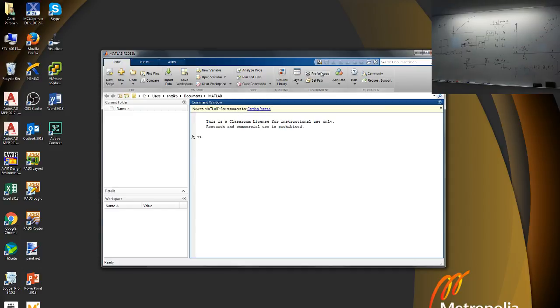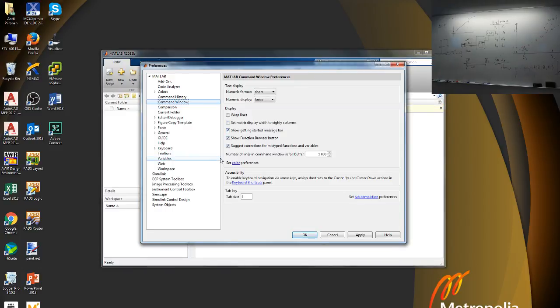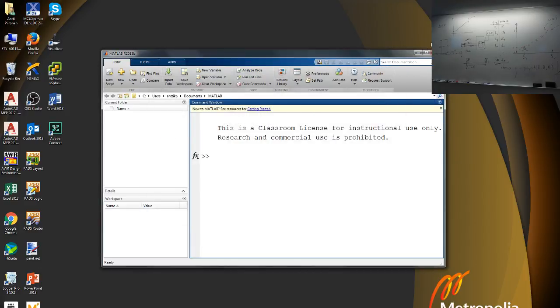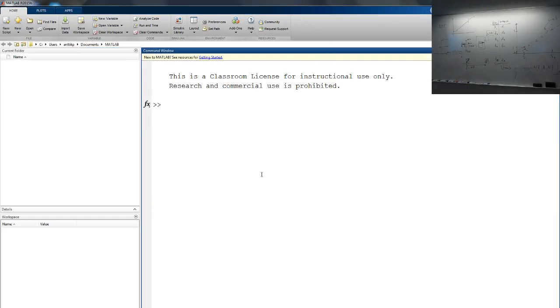Wait a minute, where were the preferences here? Fonts. Okay, in MATLAB, how to do the fit?